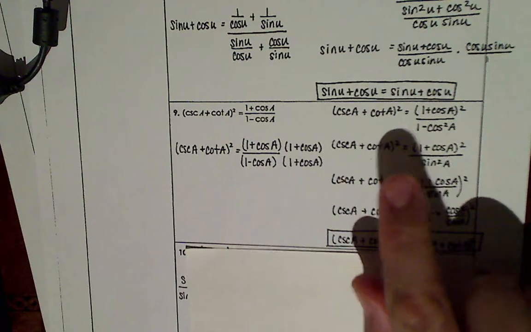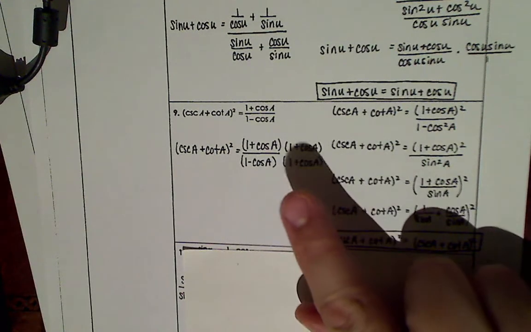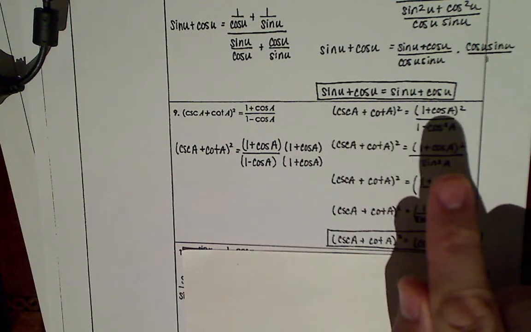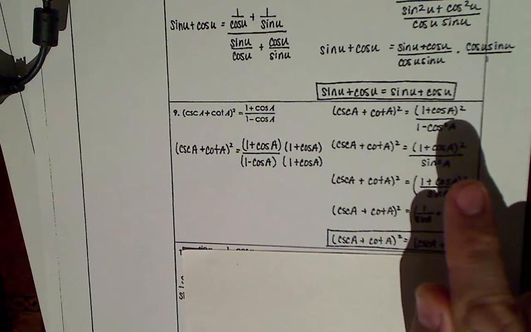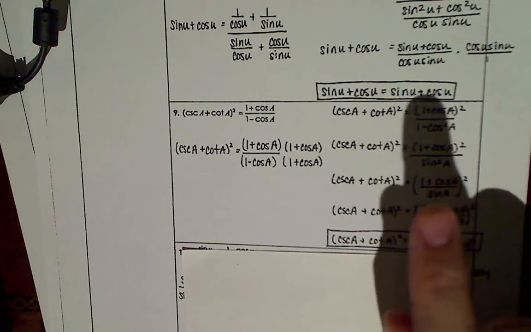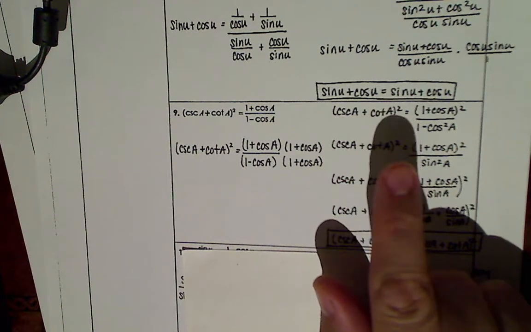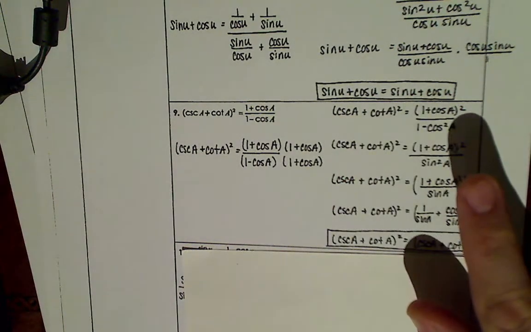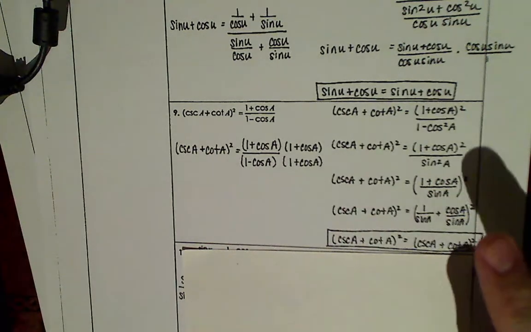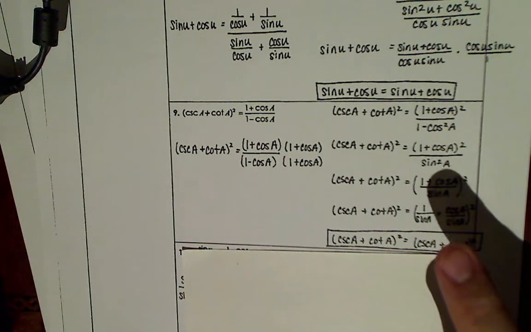And notice on top, I was able to take the same thing and make it a 1 plus cosine squared. So instead of actually multiplying them out, the reason why I did that is because if I look at the left-hand side, it's cosecant and cotangent squared. So that means that I'm able to take this to make it look like this already. Your denominator becomes sine squared based on Pythagorean identities.